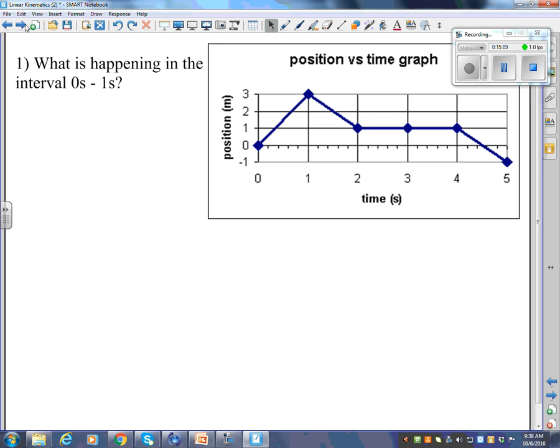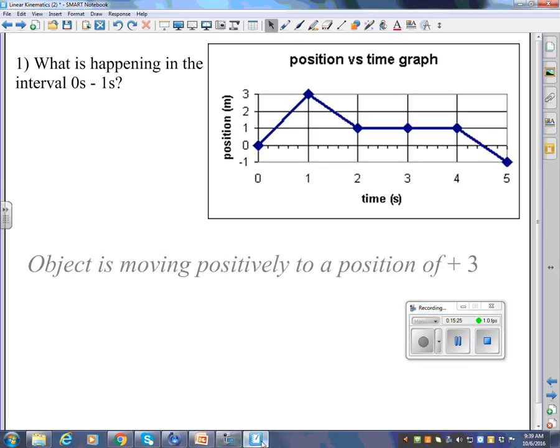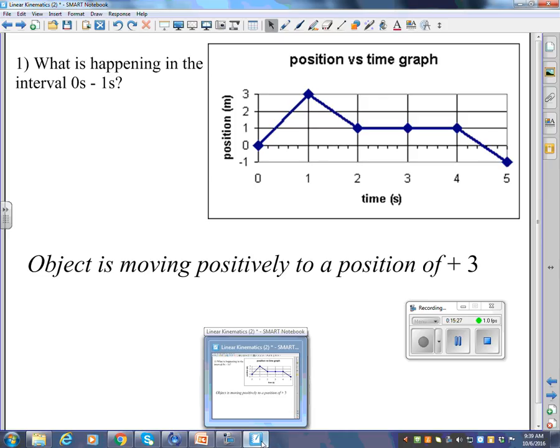Tell me, what is happening in the interval from 0 to 1 seconds? It's moving positively, or moving to the right, to a position of +3 meters.